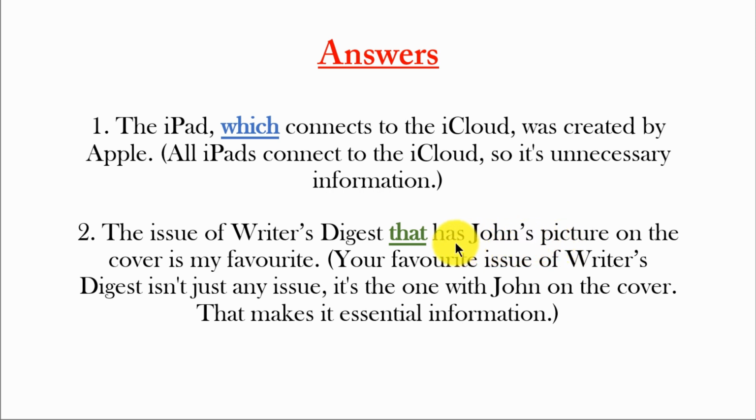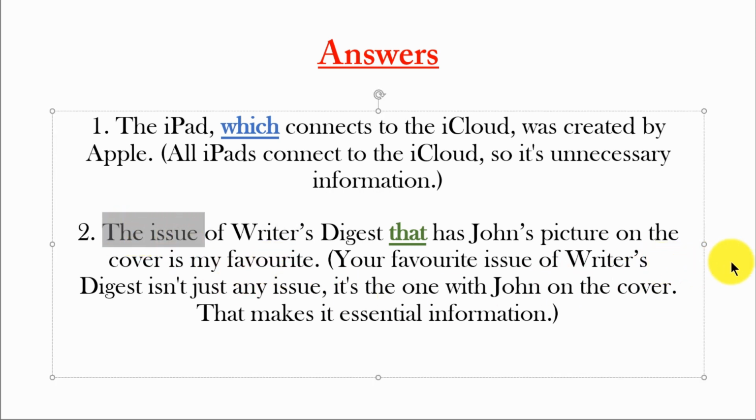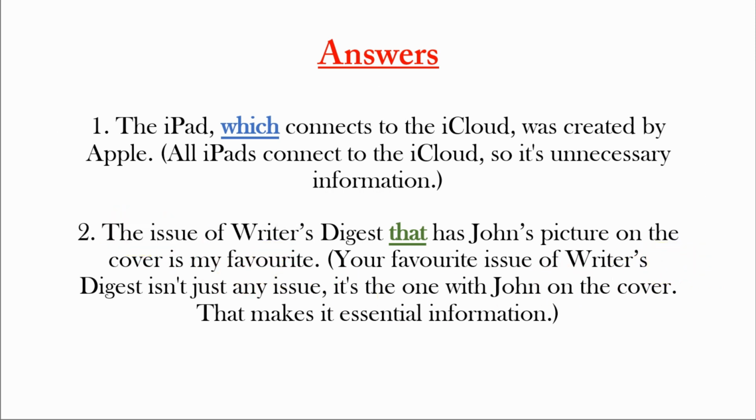Now that means that the complete clause that has John's picture on the cover is a defining feature with which I am able to make out that this is the issue which is my favorite, and this qualifies it as essential information about the subject, the issue of the Writer's Digest. Also, unlike which, whenever we use that, we need not use any commas to separate the clause which uses that from the rest of the sentence.